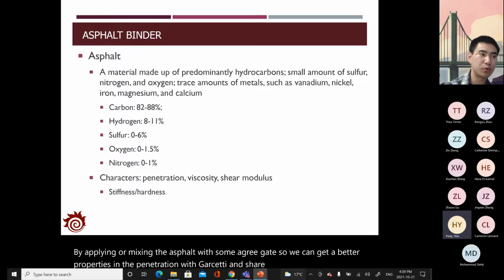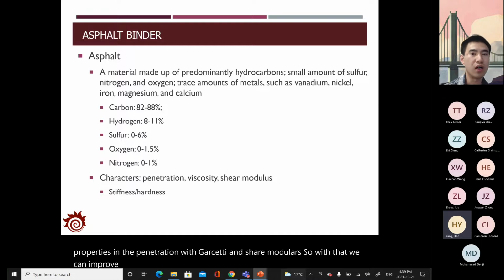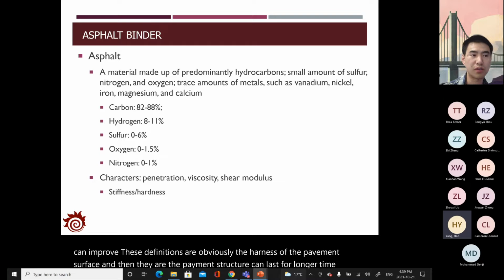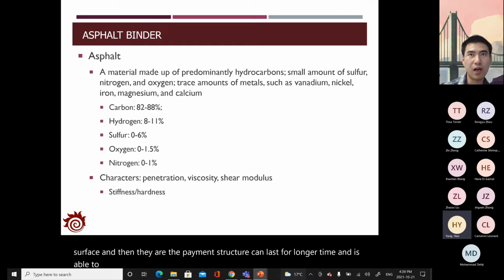With that, we can improve the stiffness, or we say the hardness, of the pavement surface, and then the pavement structure can last for a longer time and is able to support higher volumes of the traffic load.